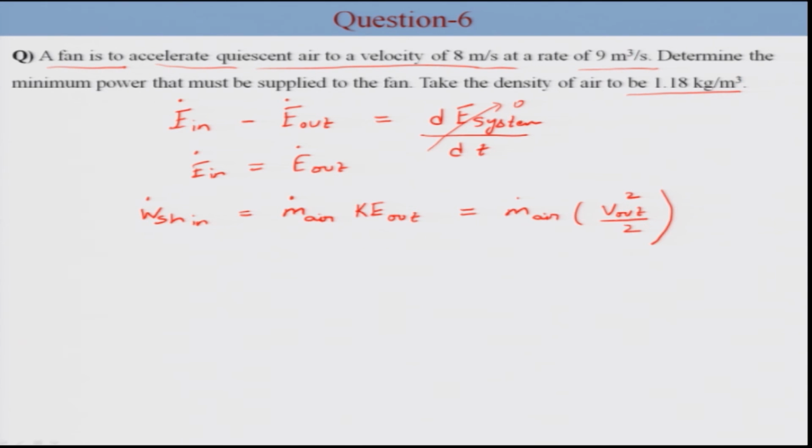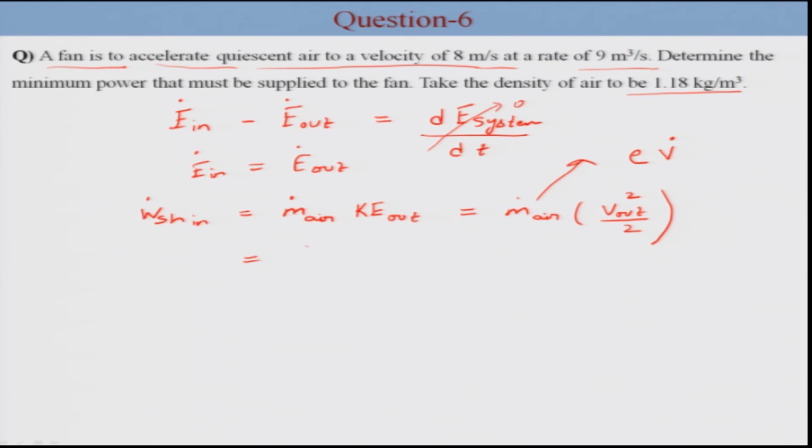So, this is the formula for the kinetic energy. Now, we know this mass of the air can be written in terms of density and volume flow rate. So, mass of the air can be written as density of the air into volume flow rate. So, we are directly putting the values.